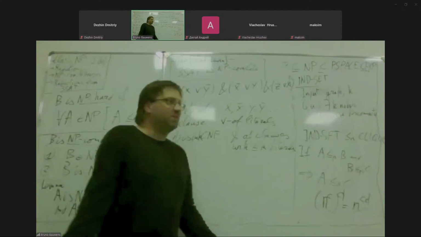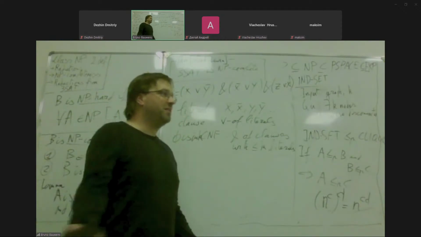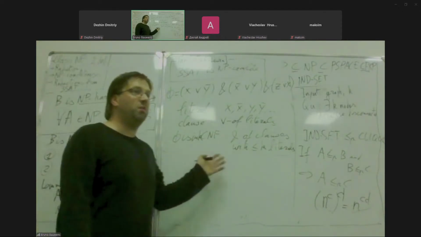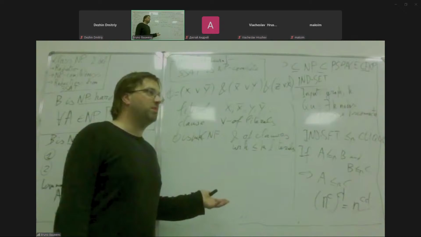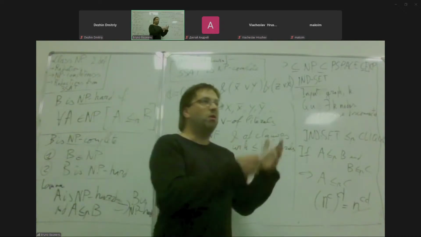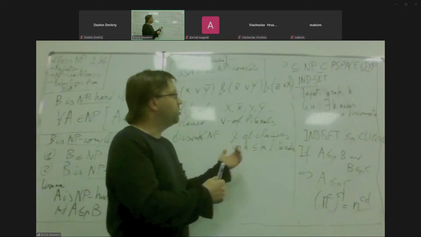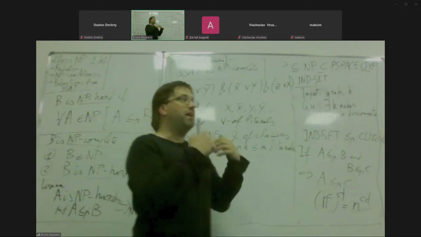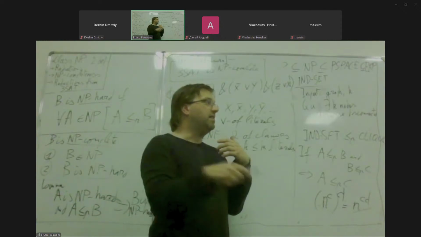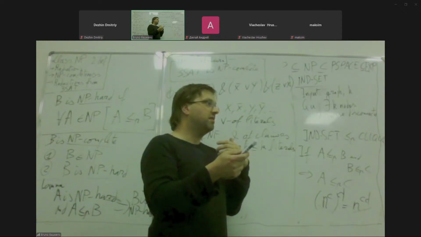So there was another result called Levin search. If P is equal to NP, we actually already know what algorithm will work. We give an input of a problem, and the algorithm will try all Turing machines in parallel to generate a certificate and then check the certificate.